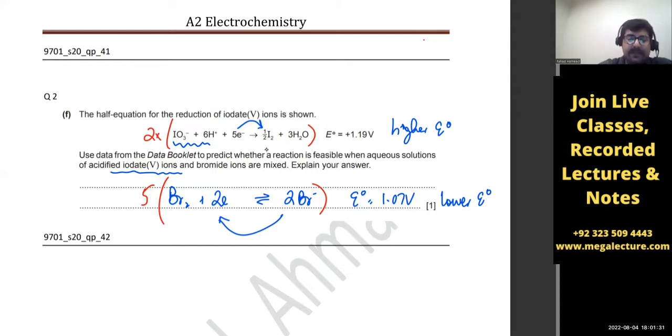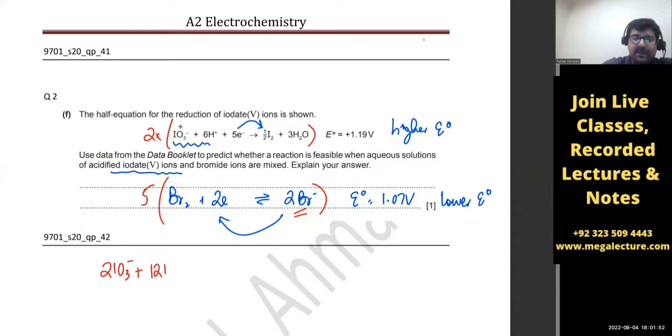Well, it will happen. The bromide ions are the ones that are going to lose electrons, and the iodate ions are the ones that are going to gain electrons, right? But I'll make the equation anyways. Add up the reactants. The reactants, so it's this and this, right? So it's 2IO3 minus and 12H plus.